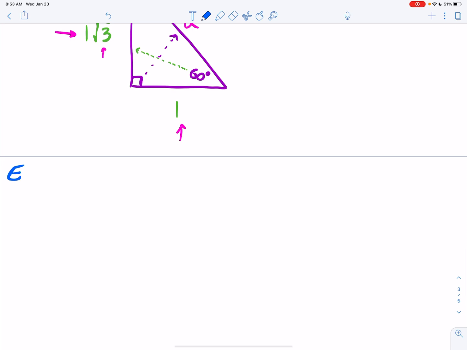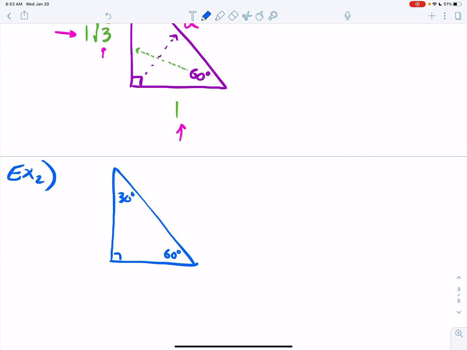Here's example 2. Same instruction, so I won't write it again. But let's say we had... Let me draw that again. Let's say we had 60 and 30 right there. And let's say I told you guys that this is 4. Okay?